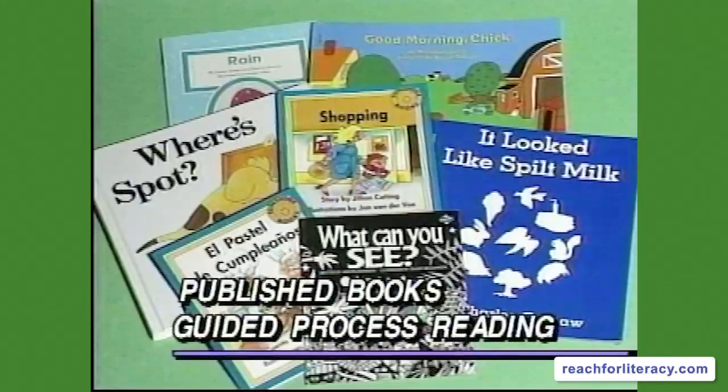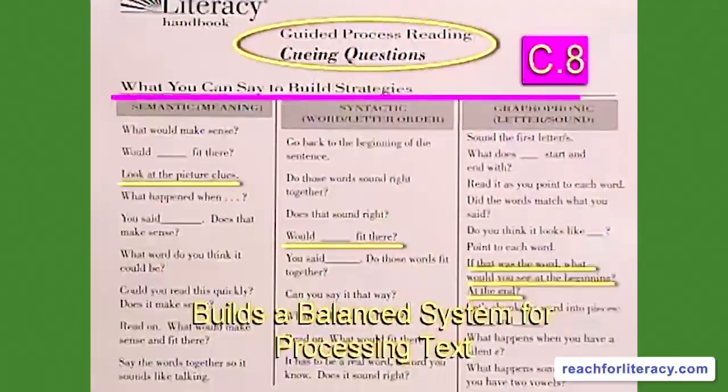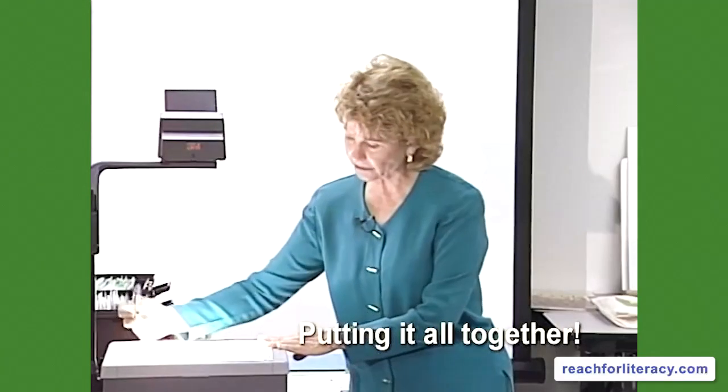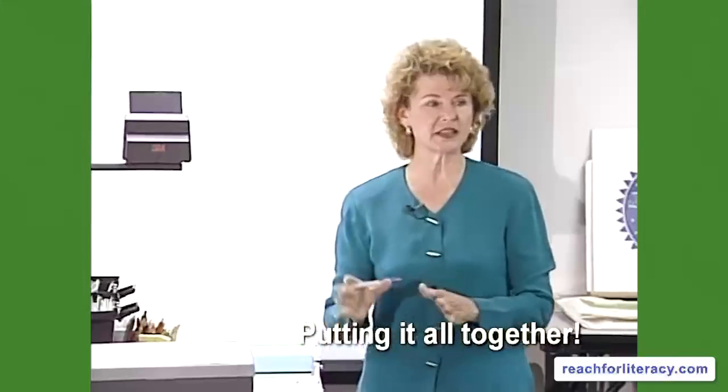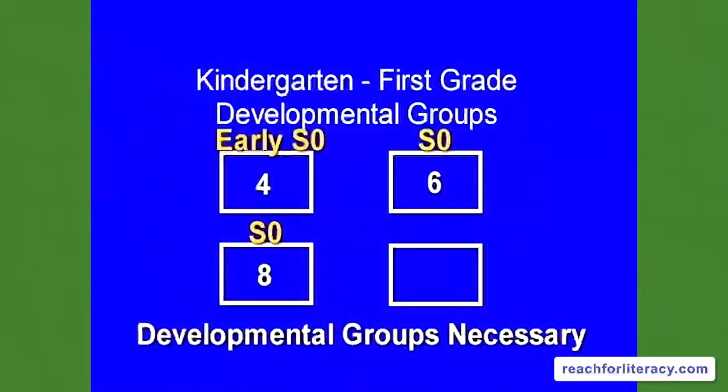At this level, they are ready to be introduced to the cueing system. And as you will recall, the cueing questions that we ask to develop those strategies are on C8 for English and C9 for Spanish. These children are now placed in developmental groups.